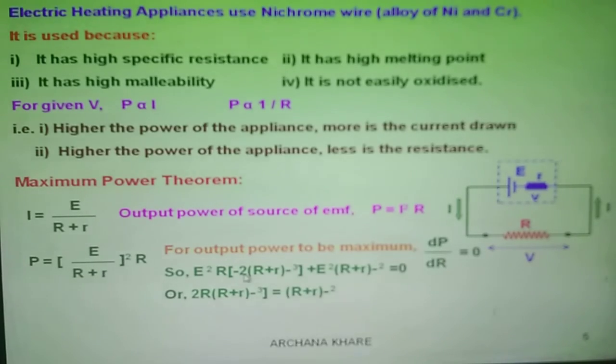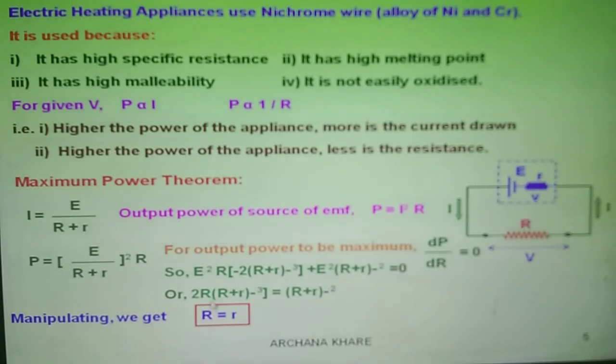When we take this term on the other side, we get 2R into R plus r whole to the power minus 3 is equal to R plus r whole to the power minus 2. This E square and E square from these two sides cancel. On further simplifying, we find that this whole cube will cancel with the whole square and only one term remains here with minus 1 power.